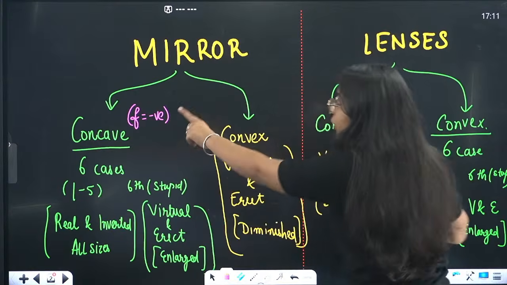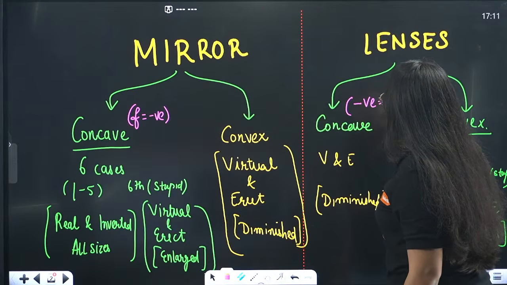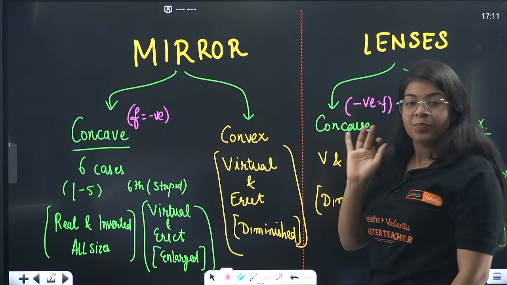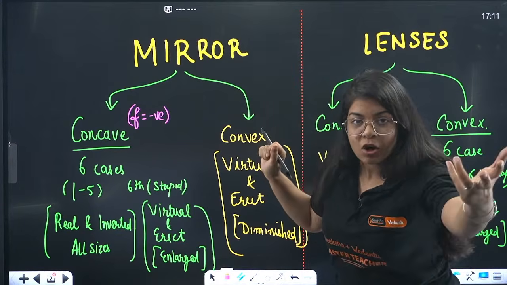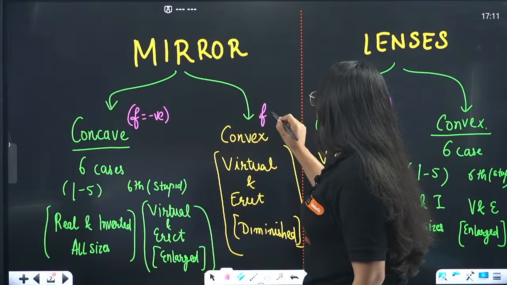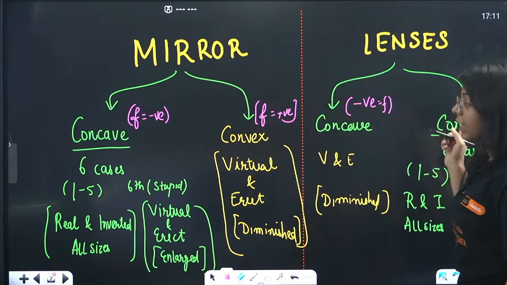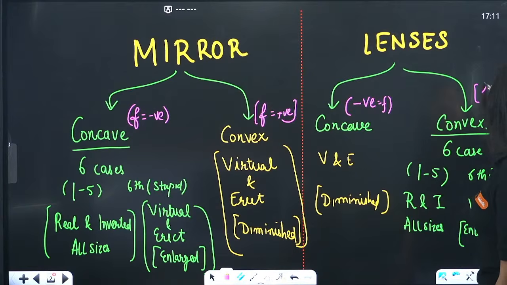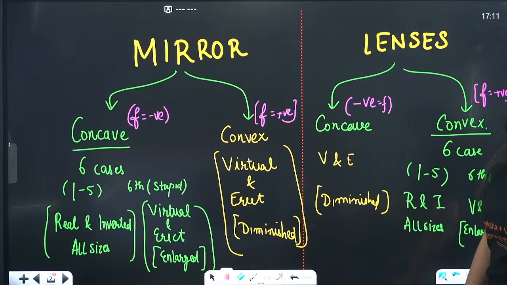So for concave mirror as well as concave lens, your focal length will be negative. And anywhere you see convex, the focal length is positive, be it a mirror, be it a lens. So convex lens focal length is again positive. Understood everyone? This is something you have to always remember.